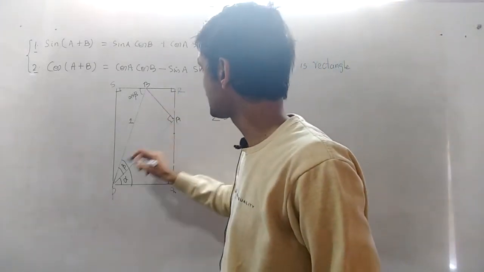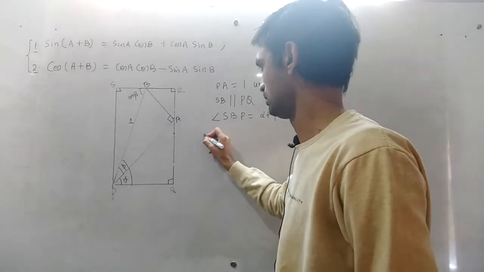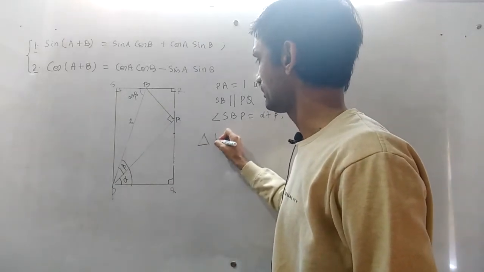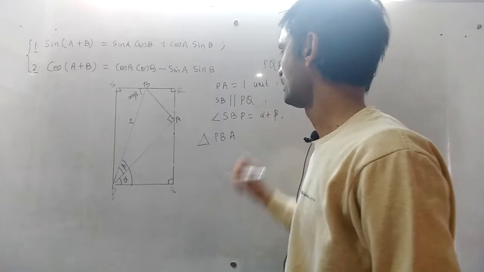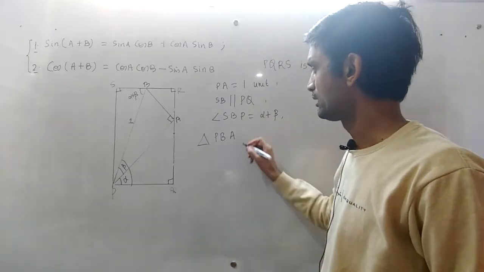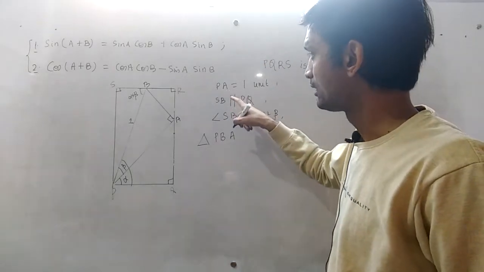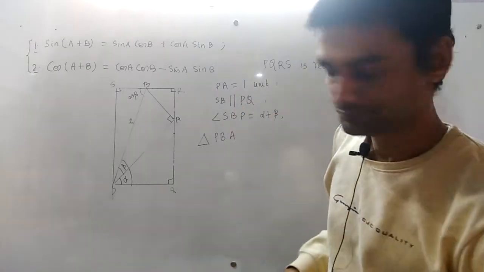Now consider the triangle PBA. In triangle PBA, PB is 1 unit.